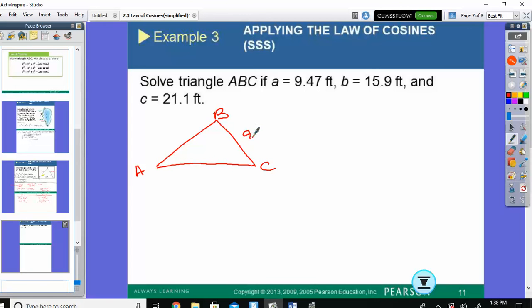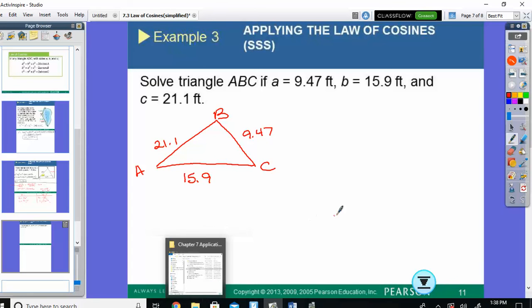Side A is 9.47. Side B is 15.9. Side C is 21.1. I have all my sides, I don't have any angles. I can't set up a law of sines because we have to have at least one of the angles to do that. So we'll have to do the law of cosines.